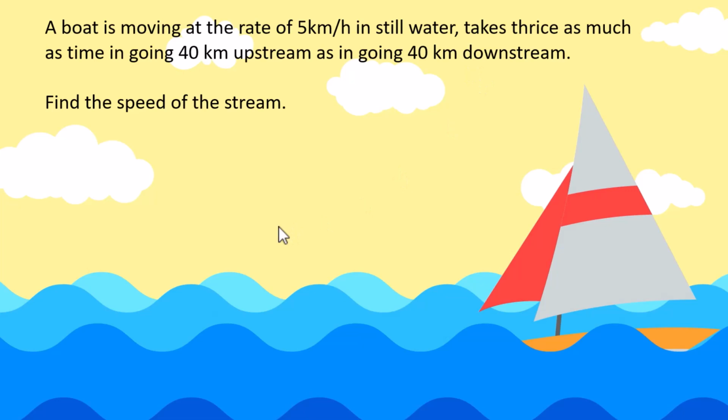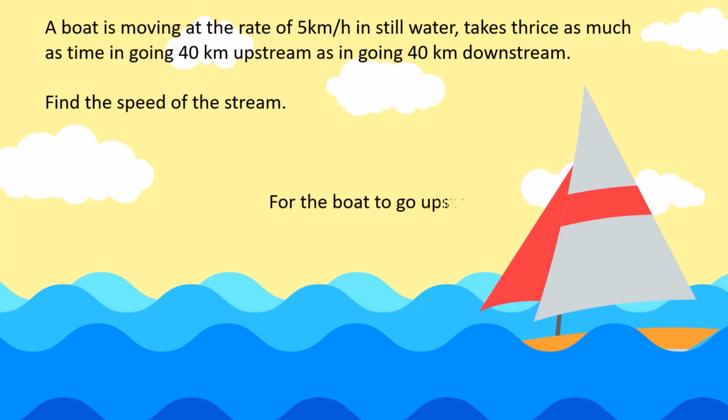Which means if it has to go against the stream, it takes three times more time than it takes to go downstream. For example, if it takes 10 minutes to go downstream, it will take 30 minutes to go upstream. That is what is mentioned in this question.